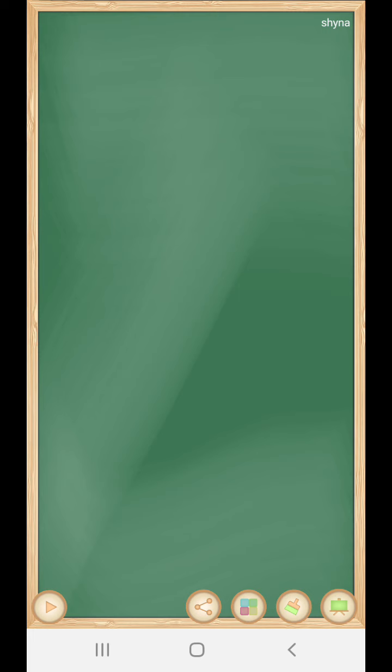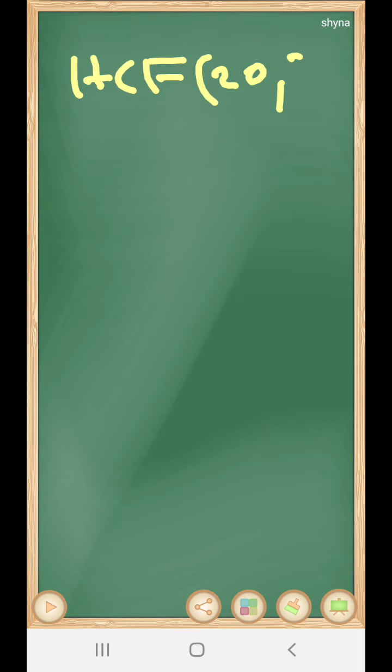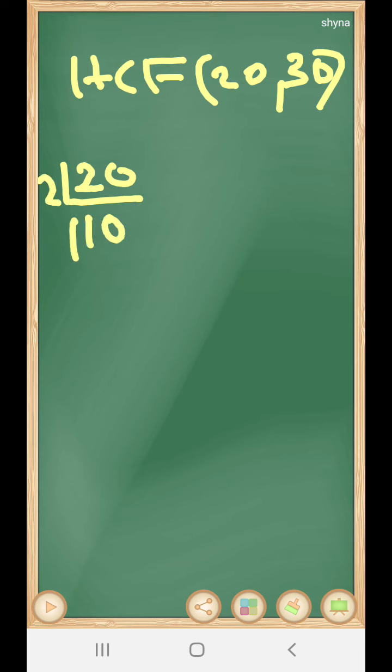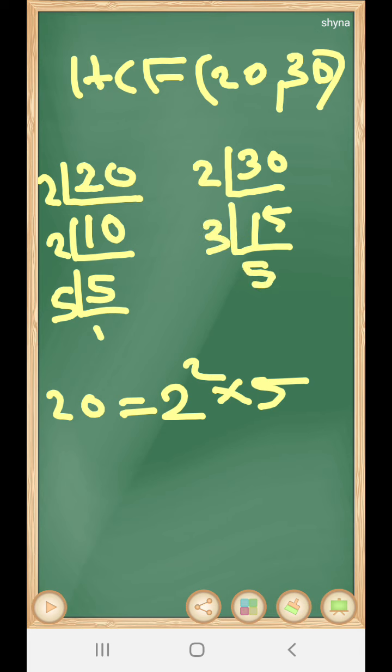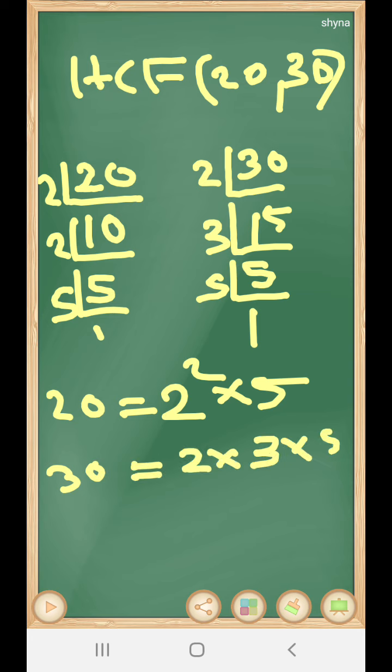To find the HCF of 20 and 30, first we will do the prime factorization. 20: 2, 10, 2, 5, 5, 1. So 20 equals 2 squared into 5. Then 30: 2, 15, 3, 5, 5, 1. So 30 equals 2 into 3 into 5.